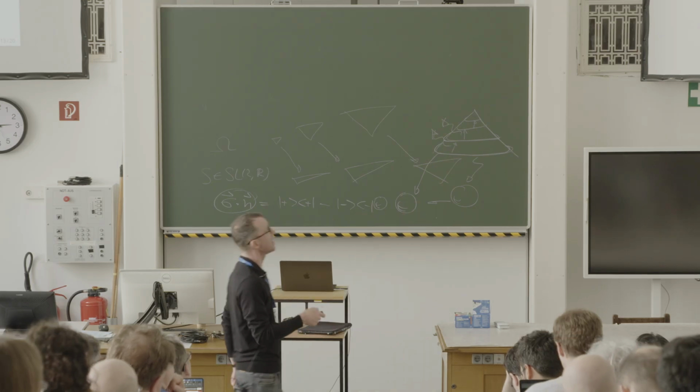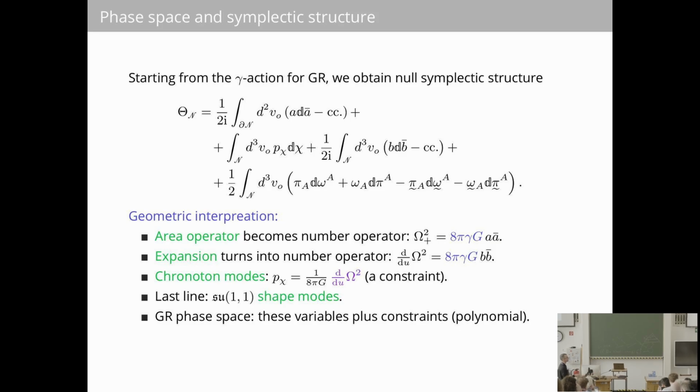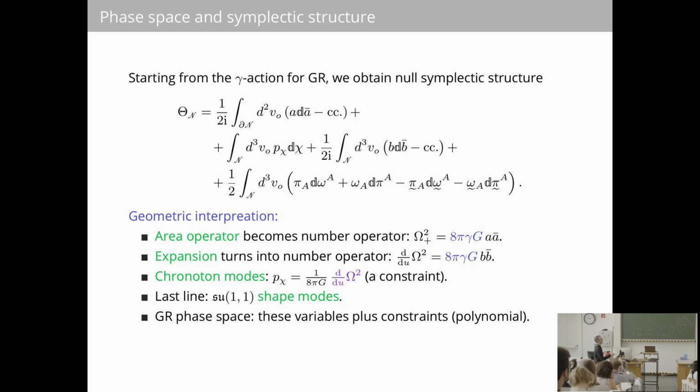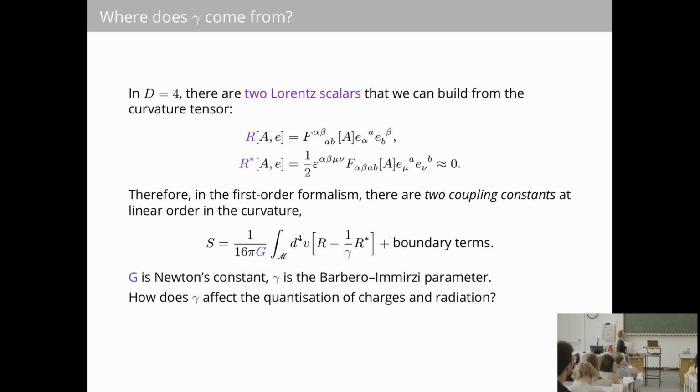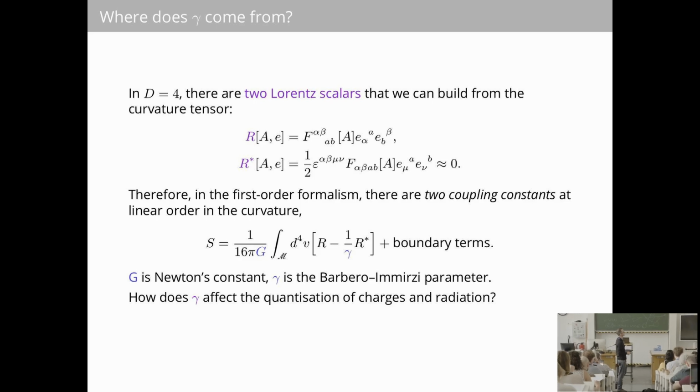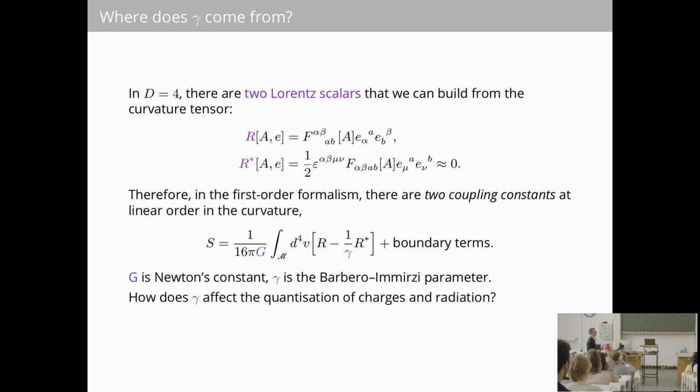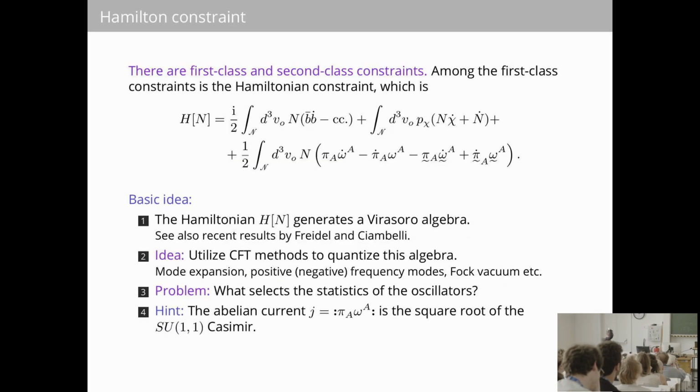And once again, this turns into a sort of number operator, where gamma is a parameter that appears in loop quantum gravity, the Barbero-Immirzi parameter. This is just to tell you where this parameter comes from. I won't go into the details. And in addition to that, there are these shape degrees of freedom, which are encoded into these spinor-type variables, like in oscillators. And on this phase space, we have to impose constraints. But now we have a Hamiltonian constraint in terms of these oscillator type of fields.